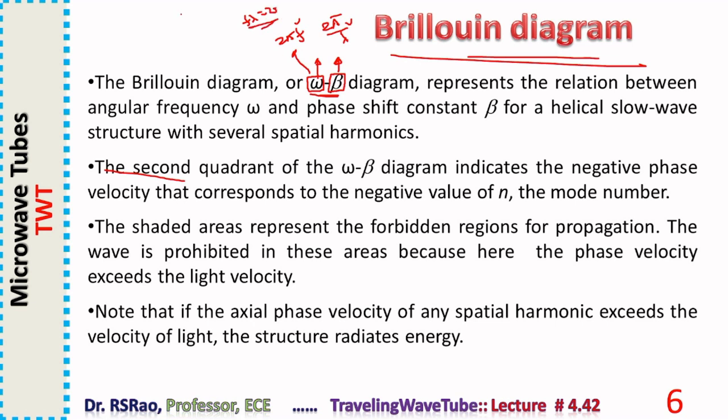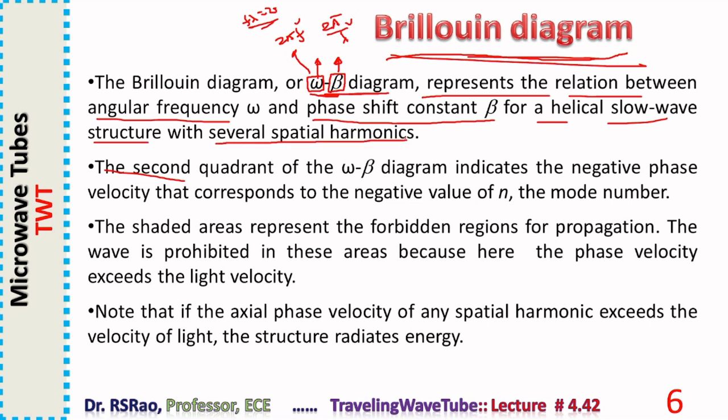With this understanding regarding omega beta, now let us see what is the Brillouin diagram. What is its use? What is its relevance as far as TWTs are concerned? The Brillouin diagram is omega beta diagram. It represents the relation between angular frequency and phase shift constant beta for a helical slow wave structure with several spatial harmonics.